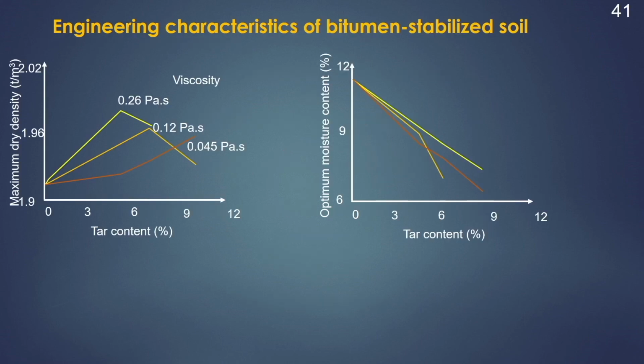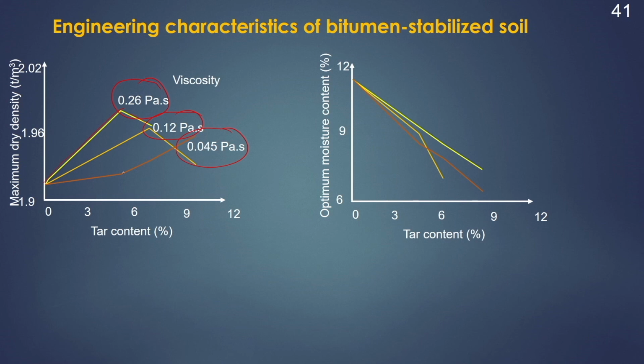So, these are the different engineering characteristics of bitumen mixed soil or bitumen stabilized soil. In this graph, the tar content has been plotted along with the maximum dry density for different viscous tar. Here we can see that with an increase in the viscosity, the maximum dry density for any given tar content will be more.